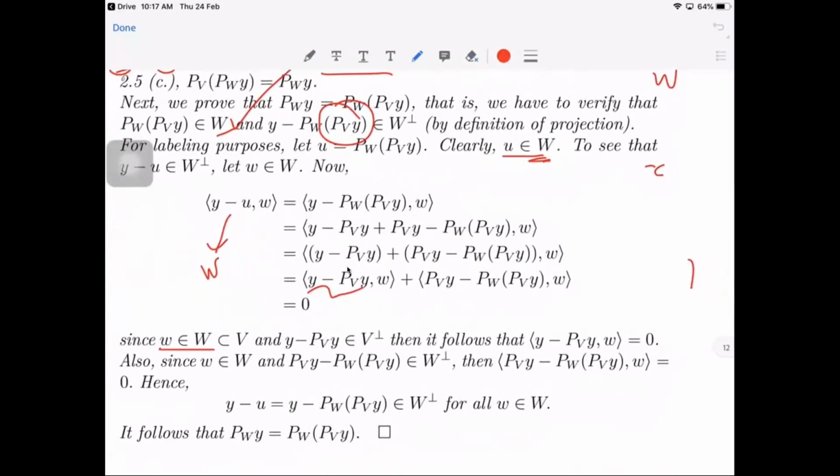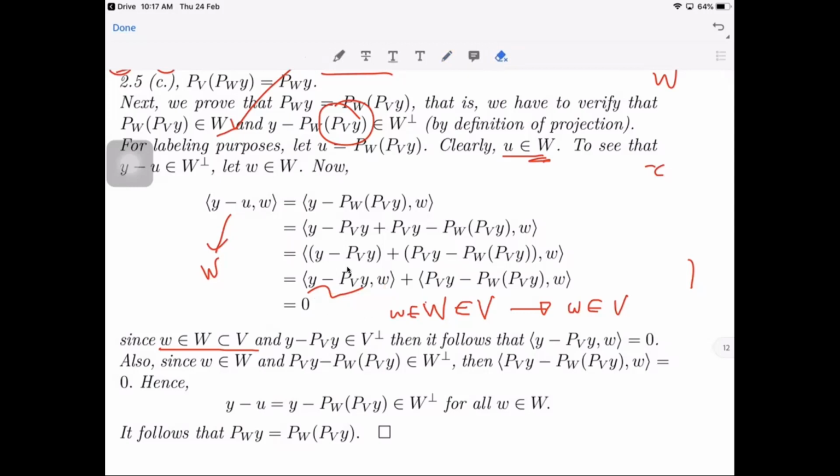Okay, W is in W. But it is a subset of V. So ibig sabihin, W is also in V. Asa ni? Y minus the projection of Y unto V. Asa ni siya? Nani siya sa V perp by definition of projection, di ba?